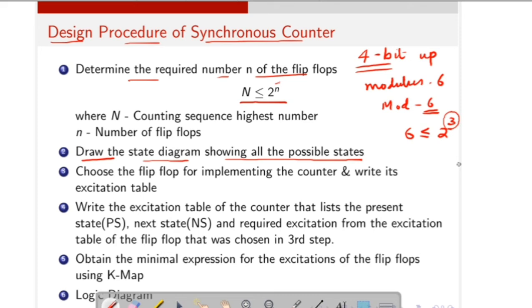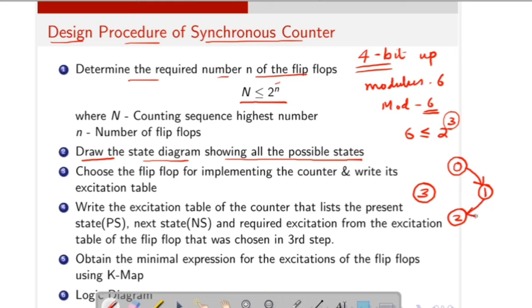Suppose we have a 2-bit counter. A 2-bit counter has 4 states, so the states are 0, 1, 2, 3. The nodes of the state diagram represent the state of the counter, the count of the counter. Then we draw the edges. If there is a transition from 0 to 1, then there is an edge from 0 to 1.